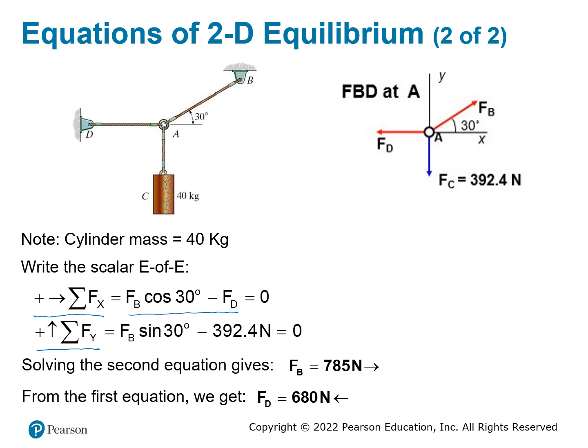And you have summation Fy, which are these 2 components. This is actually coming from the F of C, and this is the F of B times sine 30 degrees, which is the Y direction. You solve these 2 equations, you get the answers for these 2.